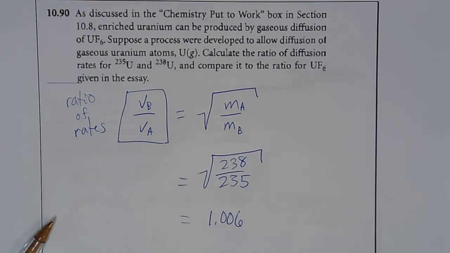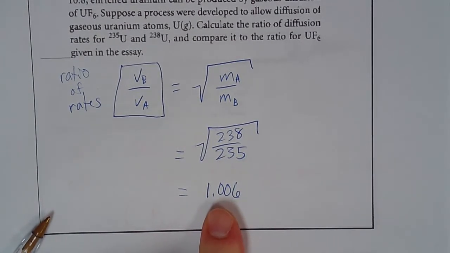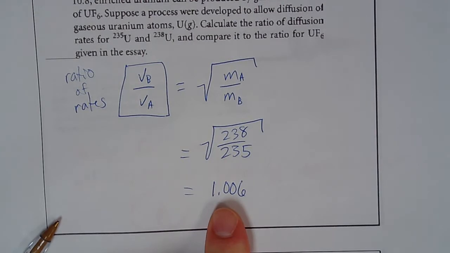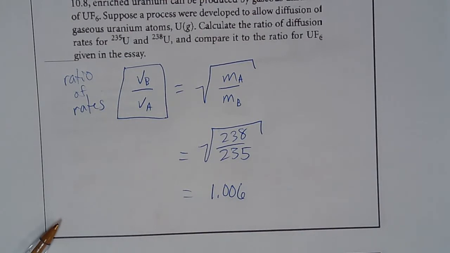How much are these guys going to separate from each other, by the way, if that's the ratio? Not very much. So it would seem you would have to have a really long distance for them to travel, for there to be enough separation to really collect one over the other. And something about radioactive isotopes traveling long distances just bothers me, but, you know.